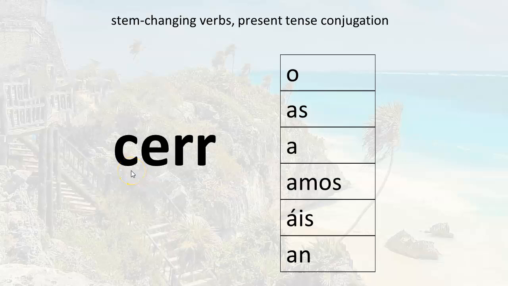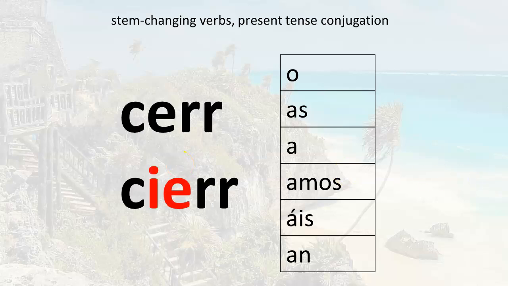So we use this regular stem for a couple of the forms, not all of them. And which forms you use, well, that's just a matter of memorization. It's the nosotros and the vosotros forms that use the regular unchanged stem. So the other forms will use the stem that changes from an E to an IE.